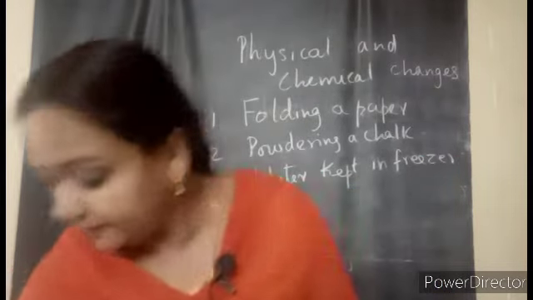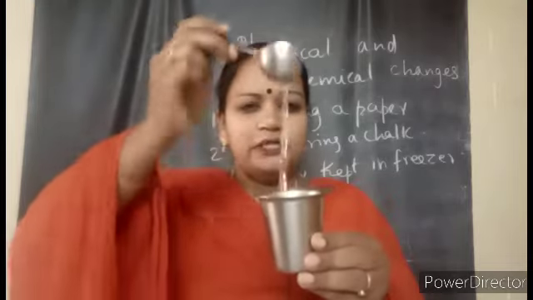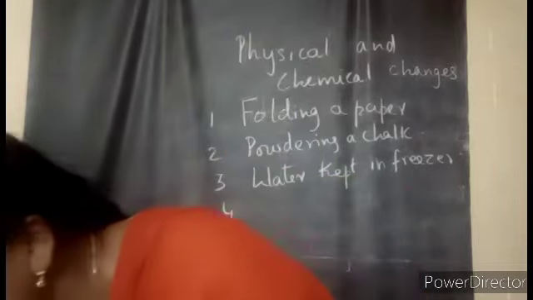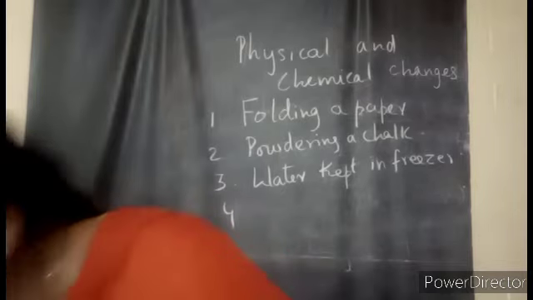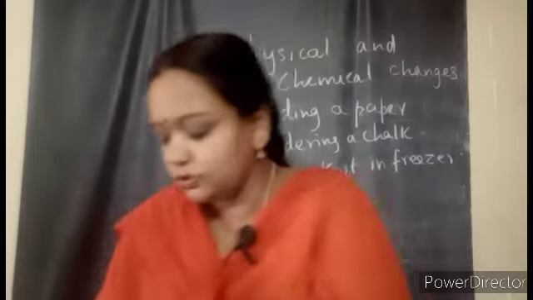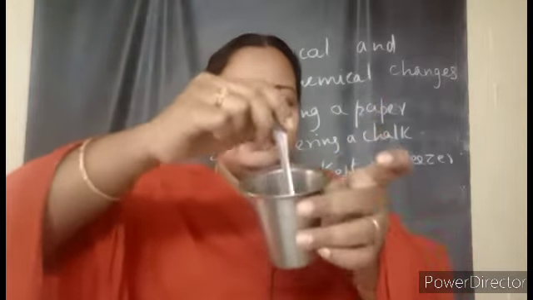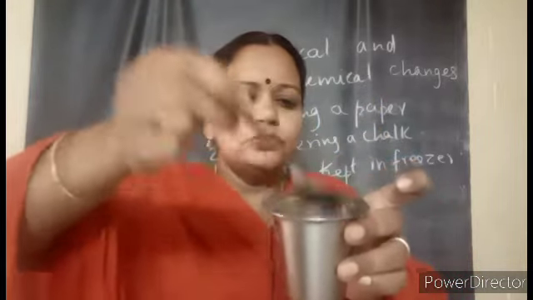Next, see here, I have water in a glass. You can see the water, and here I have sugar. You can see the sugar, children. Now I will add this sugar to this water and I will stir it well. And this plain water has now become sugar water.